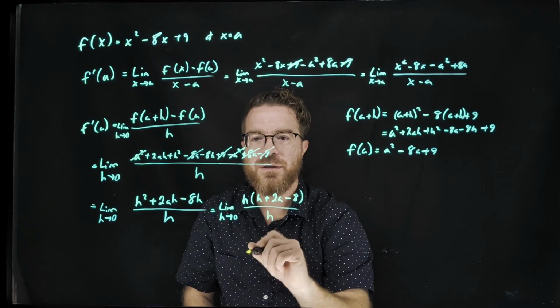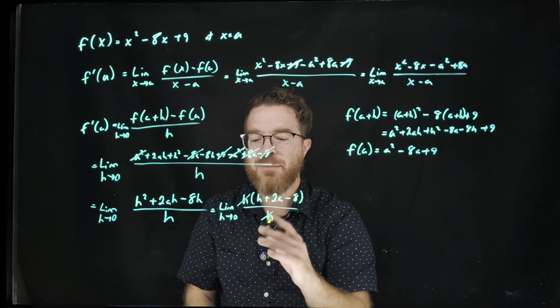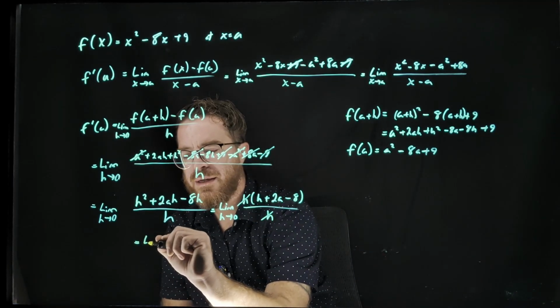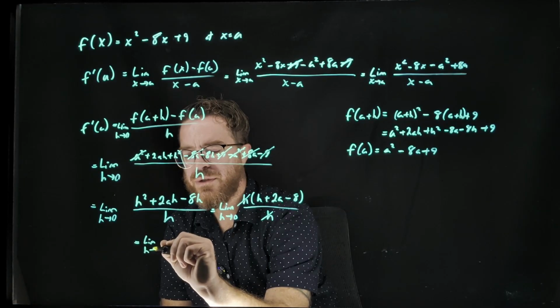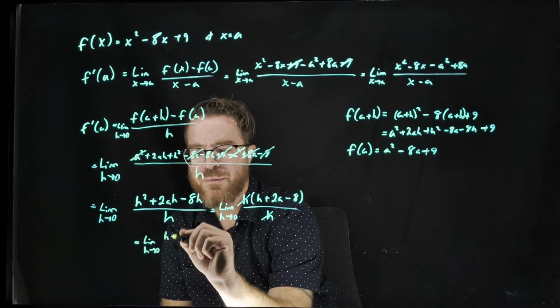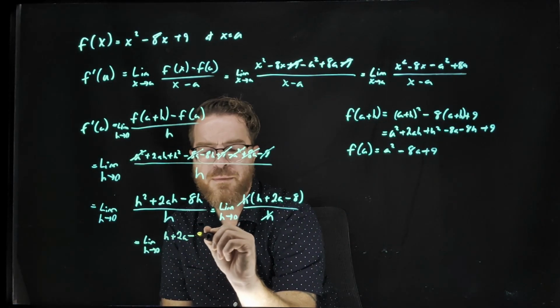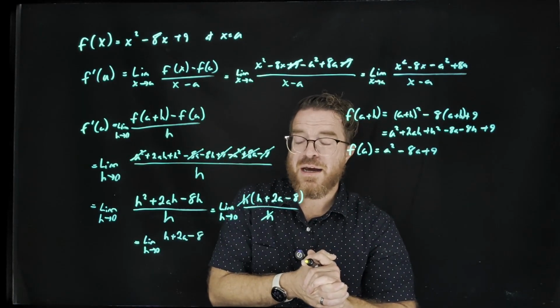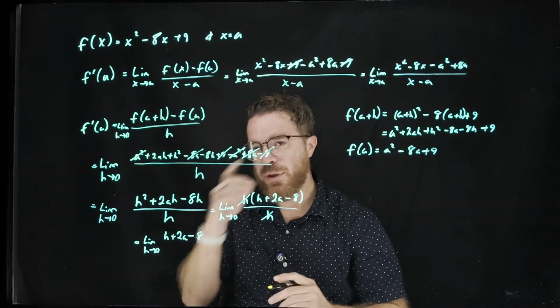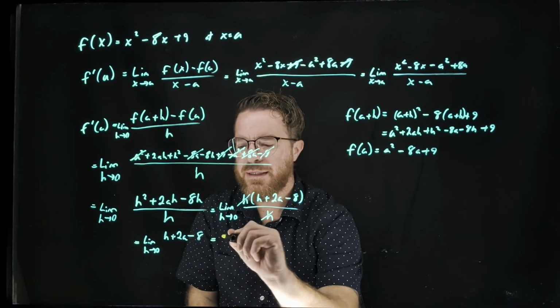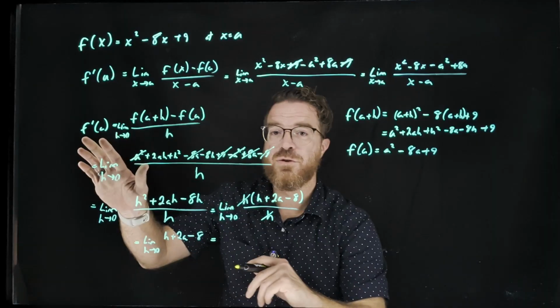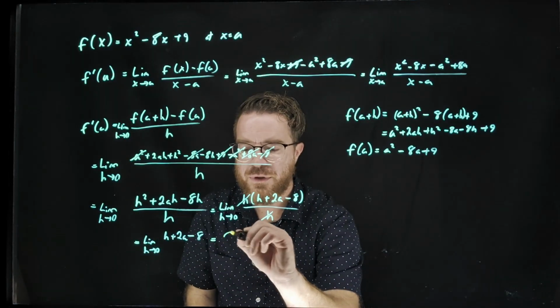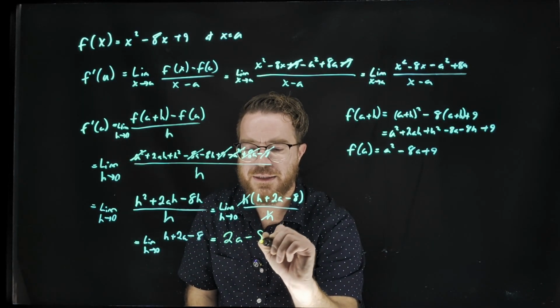Divided by h, these h's cancel, and I'm left with the limit as h goes to 0 of h plus 2a minus 8. I can evaluate my limit now by plugging in 0, and I'm going to get that this derivative is equal to 2a minus 8.